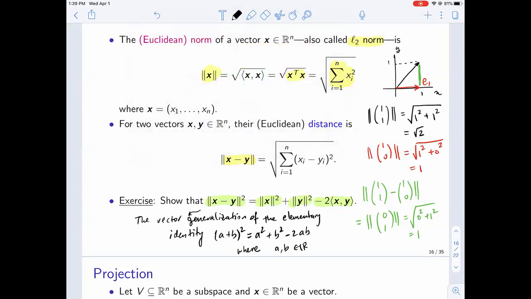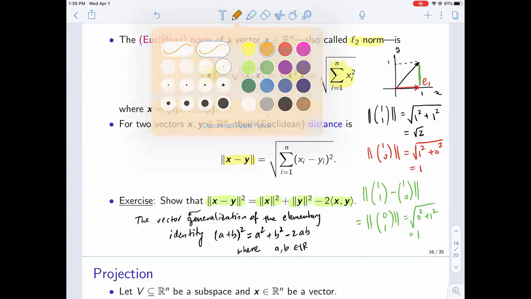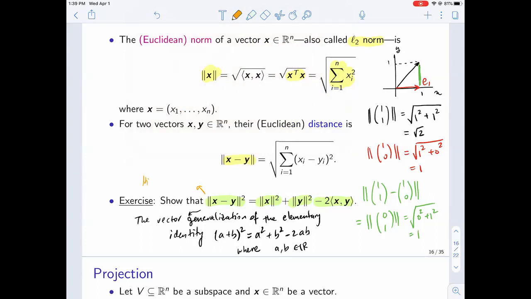As an exercise, just remember that the squared distance is equal to the inner product of x minus y and x minus y. Remember that, for example, the norm of x squared would be the inner product of x and x by this definition.